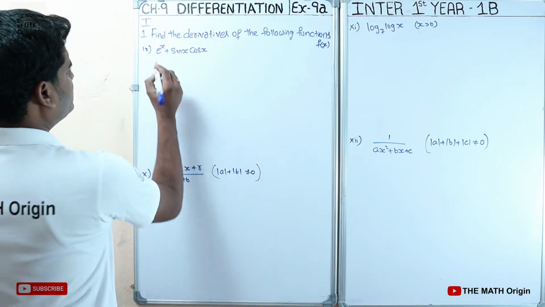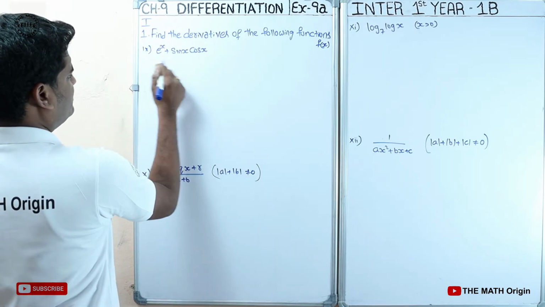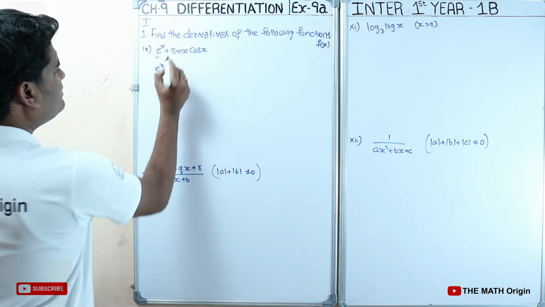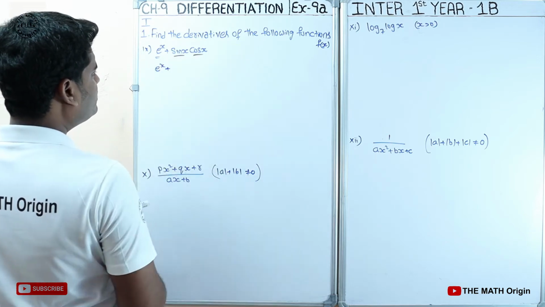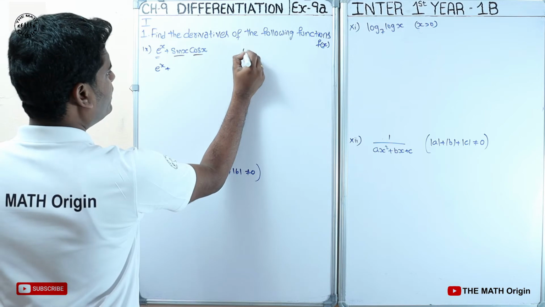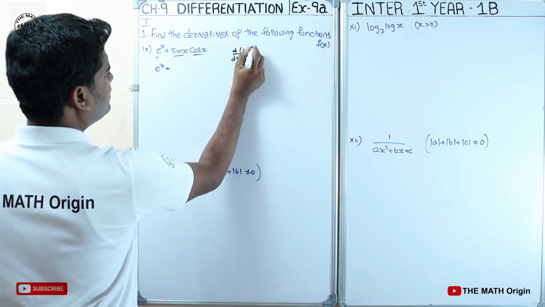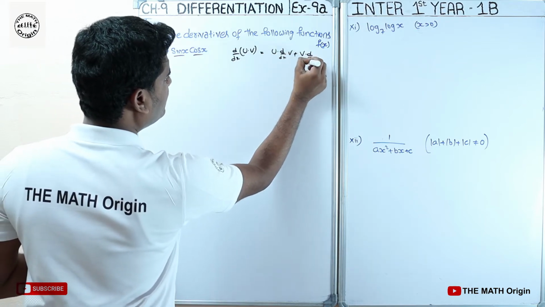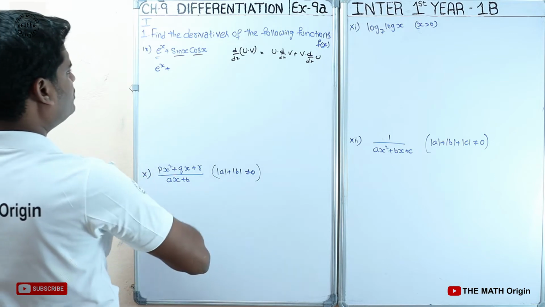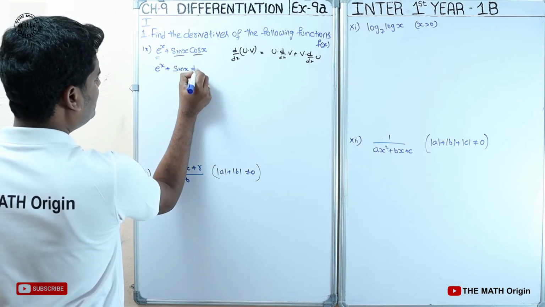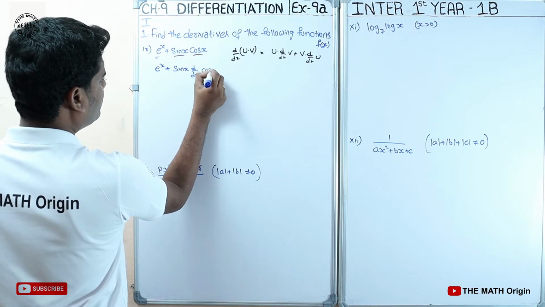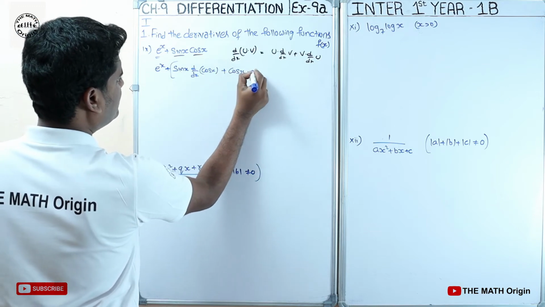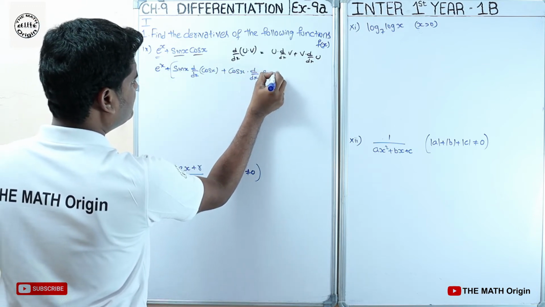Ninth question: e power x plus sin x cos x. Differentiation of e power x is e power x plus, now the value here is sin x into cos x. So for u into v, d by dx of u into v, we know it is u into d by dx of v plus v into d by dx of u. So let's do sin x into d by dx of cos x plus cos x into d by dx of sin x.